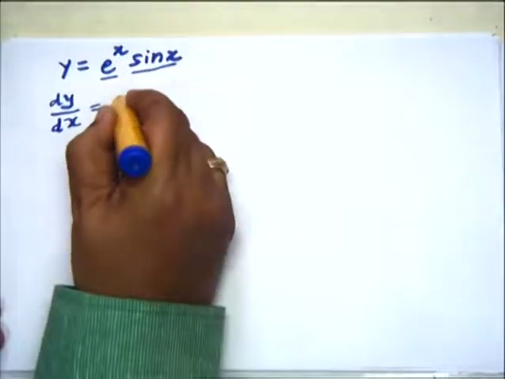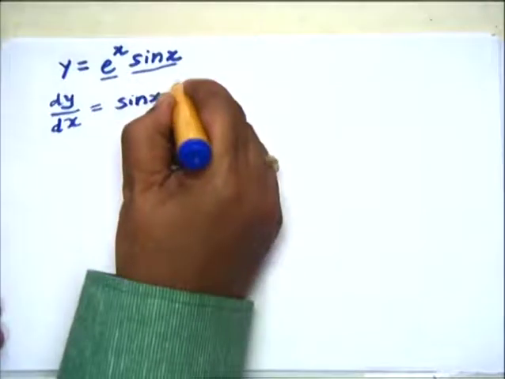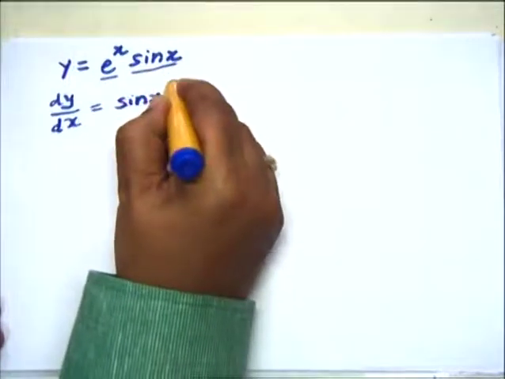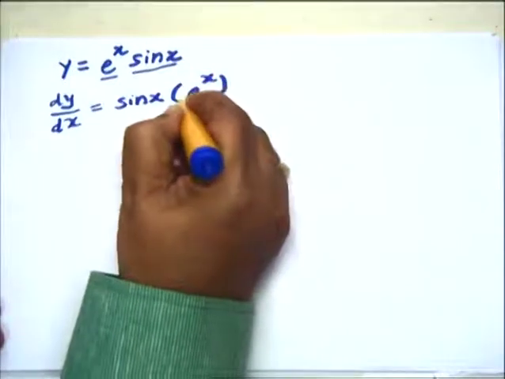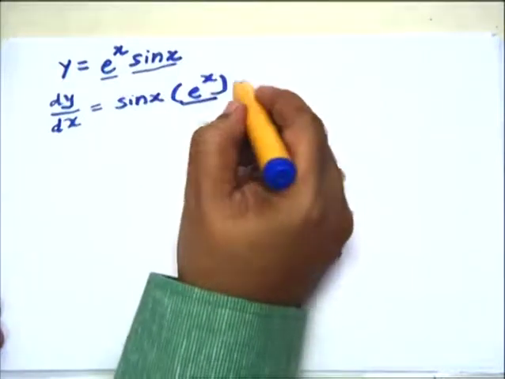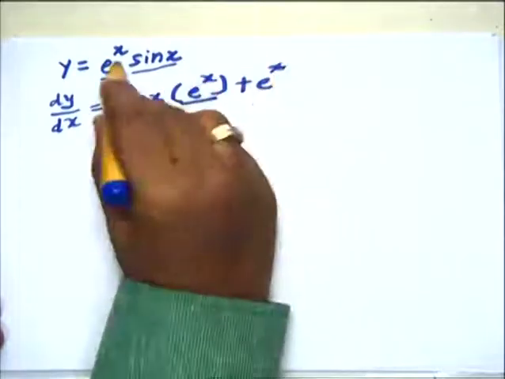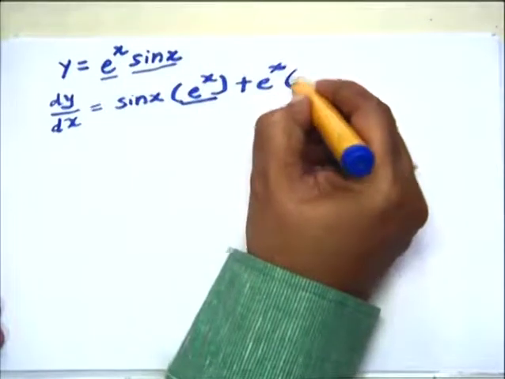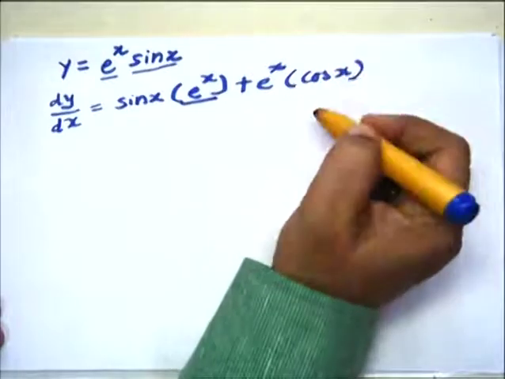So we'll keep one function as it is, that is sin x, into derivative of e raised to x, which as we know is e raised to x. Plus e raised to x we keep as it is, that is first function, into derivative of second function, that is cos x.